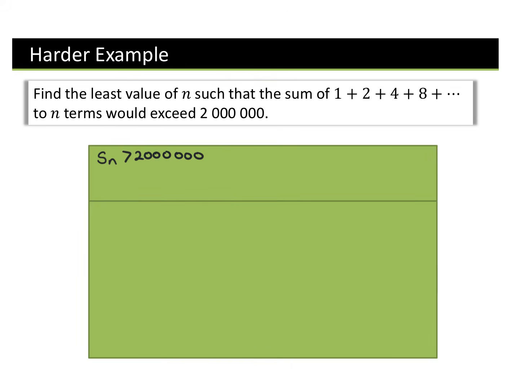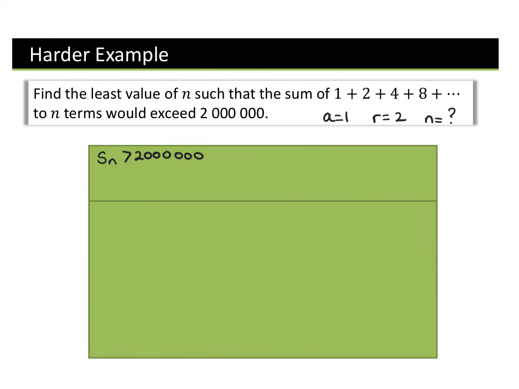Now, it hasn't told us the sequence is geometric. We know it is because that's what we're doing right now, but we double check. So 1 to 2 multiplied by 2, 2 to 4 multiplied by 2. So we know this is geometric. So I'm going to write r equals 2, a equals 1, and our n we're not sure yet.